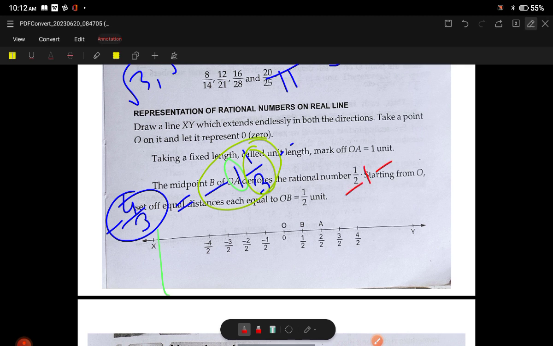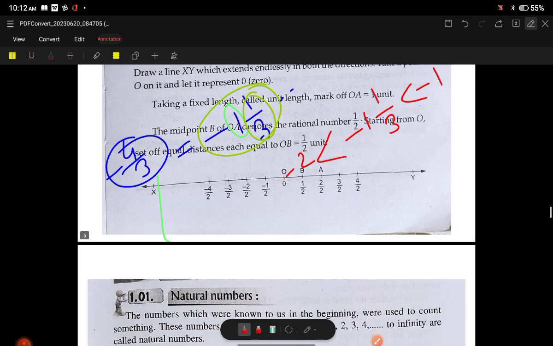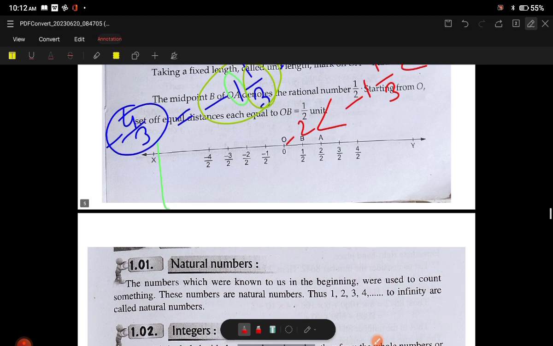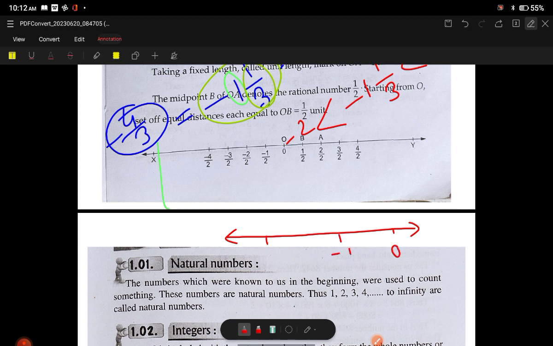And we can see that minus 1 whole 1 by 3 lies between two numbers, that is minus 1 and minus 2, right? That is why we will draw a line to the left side of 0. This is 0, this is minus 1, and this is minus 2.